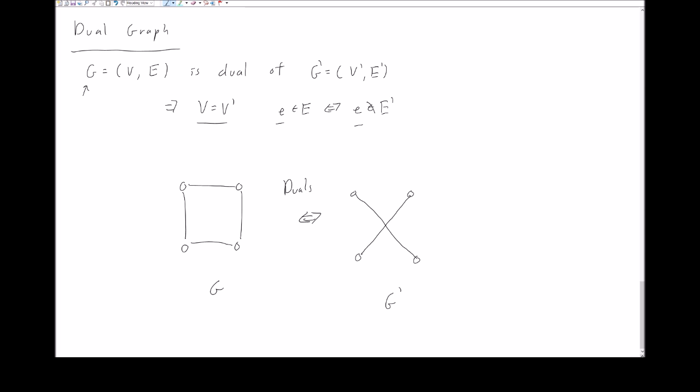If we take the dual of the dual graph, we go back to the original graph. So taking the dual is an operation that gets us back to our original graph. Dual graphs will be important when we define complementary problems later on. This summarizes what we're going to need to know about graphs. We'll introduce things as we need them later on.